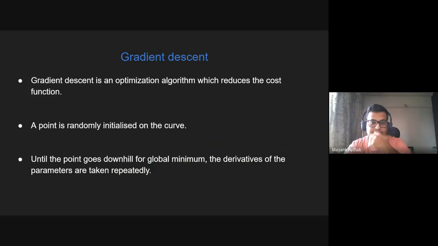So gradient descent. What is gradient descent? Gradient descent is an optimization algorithm which reduces the cost function. Gradient descent works on a convex curve. A point is randomly initialized on the curve, and to get to the local minima of the curve, the derivatives of the parameters are taken.